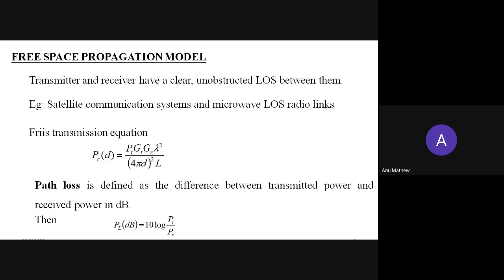The received power of the radio wave is given by the equation Pr(d) = Pt Gt Gr lambda squared divided by (4 pi d) whole squared times L. This equation is known as the Friis transmission equation, where Pt is the transmitted power, Gt is the gain of the transmitting antenna, Gr is the gain of the receiving antenna, lambda is the wavelength of the radio wave, d is the separation between the transmitter and receiver, and L is the system loss factor.